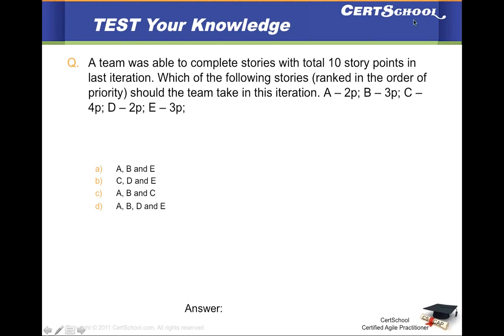Okay, so I see a few of you have sent your answers. The correct answer here is C. Again, I got a mixed response. The key here is a lot of you answered D, which would mean that you're able to complete more stories.